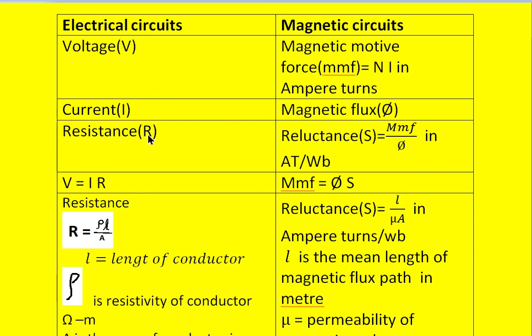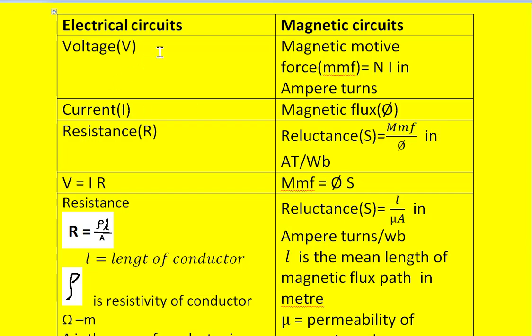Under electrical circuits, current is one parameter, and the equivalent parameter in magnetic circuits is magnetic flux. Current can be measured with an ammeter, whereas flux we can only assume, so it is shown by flux lines.